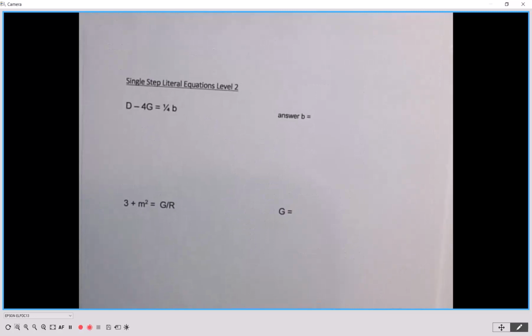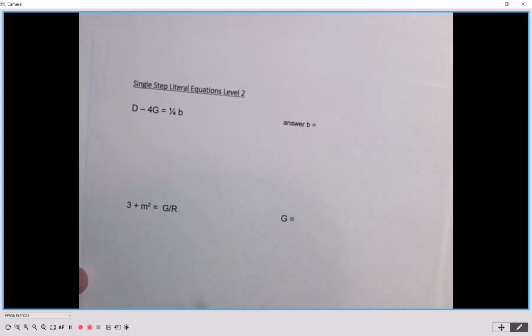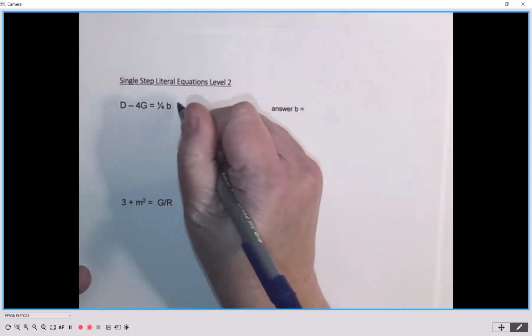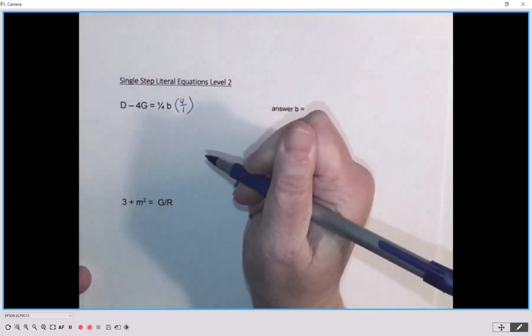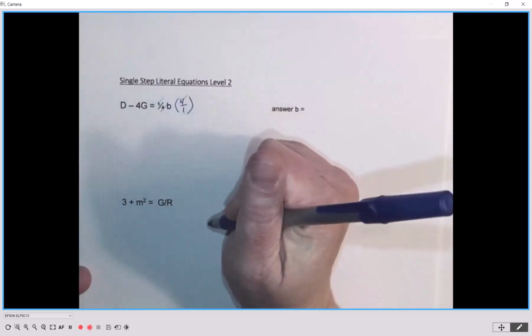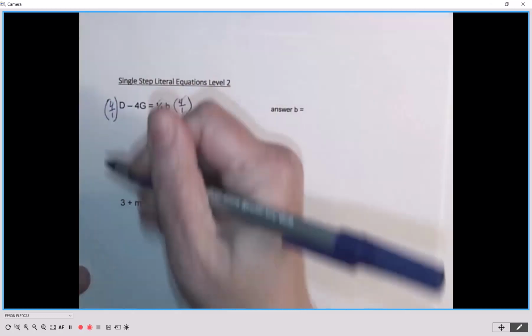All right, let's look on the next page. Again, this is the single step literal equations level 2, just some more problems. And let's see what we want. We want to have the b. So right now I have 1/4 times b. So for me to get rid of that fraction, if I do 4 over 1, because the 4's will cancel, the 1's already do, I need to do the same thing over here.